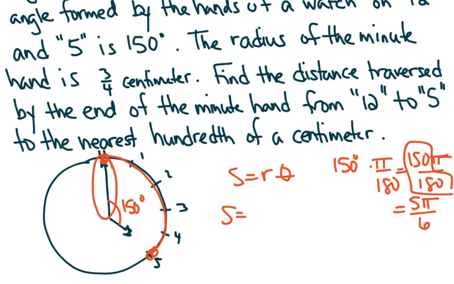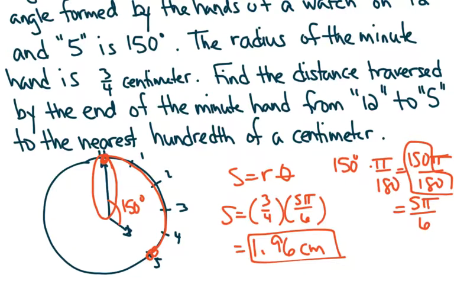So the arc length is going to be the radius times 5 pi over 6. When you plug this into your calculator, please use the pi button, not 3.14 like you were told to do in geometry, because we want the most exact answer possible. And you should get approximately 1.96 centimeters.